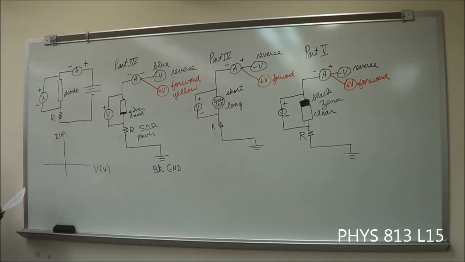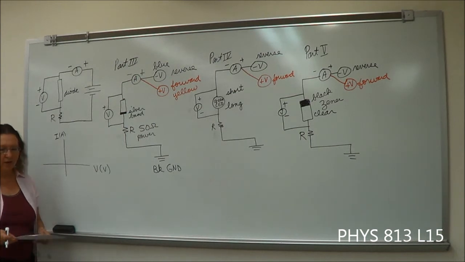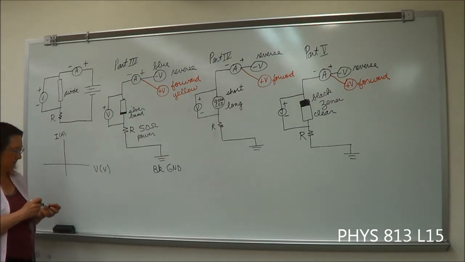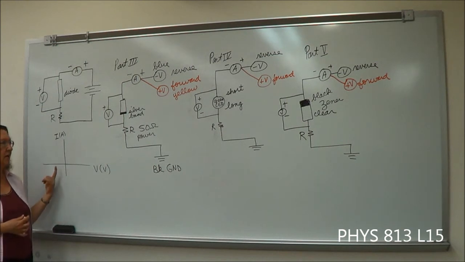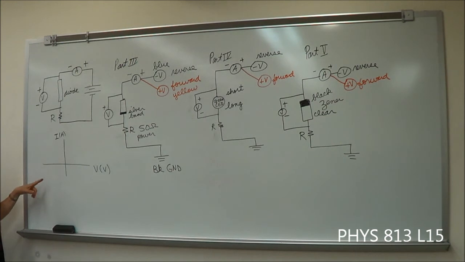Now the other thing is, you might already suspect, well, I'm not going to tell you too much. If you've looked at the instructions, it tells you for the first two that you should have the voltage going from -6 to 0 in increments of 2 volts.